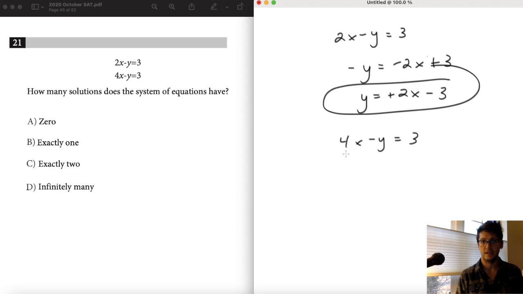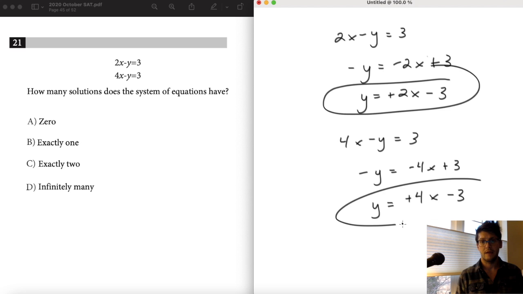I'll tell you why in a second. Negative y equals negative 4x plus 3, multiply by negative 1, divide by negative 1, call it what you want. You're just getting rid of this sign. Positive 4x minus 3. Look, here's what I know now. They have different slopes. They intersect once then. Any lines that have different slopes, they're going to intersect once. I don't even care where, just exactly once.